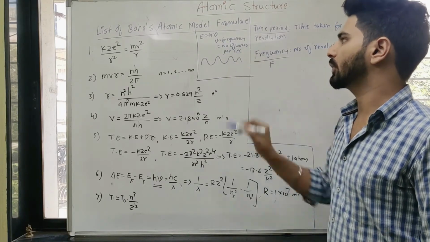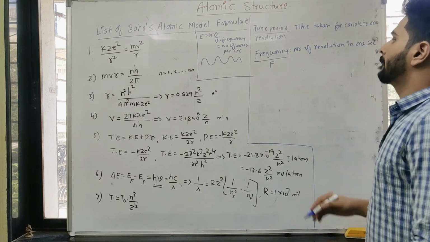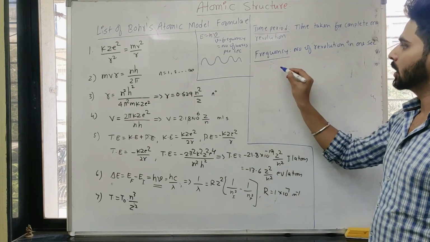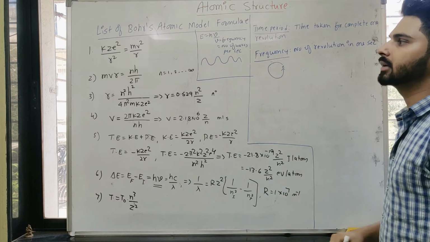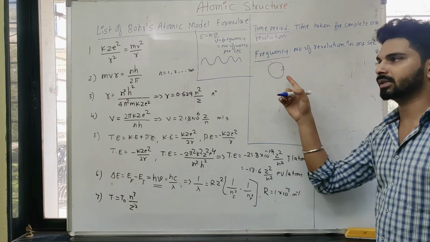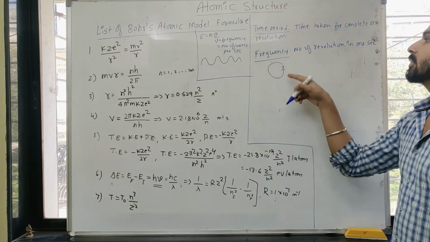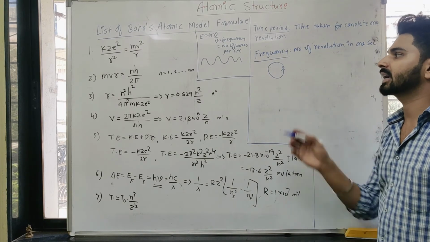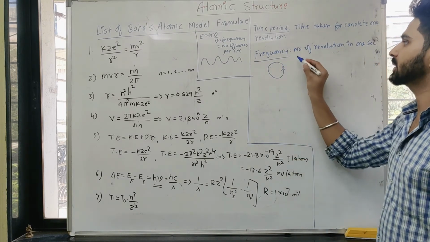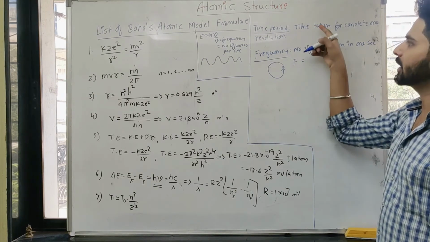So that is represented as nu there. But here I am talking about an electron revolving in a circular manner inside the atom. This frequency is different. Here it is the number of revolutions per 1 second. How many revolutions are happening in 1 second? That is what frequency is here. So that's why I call this frequency f.